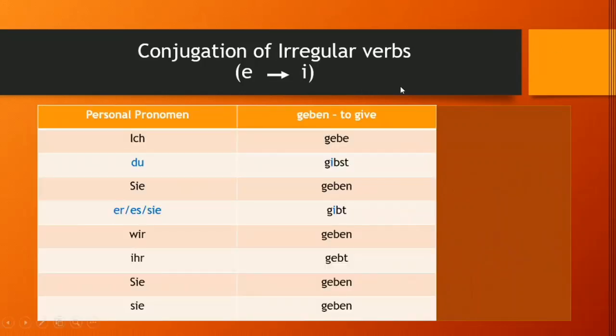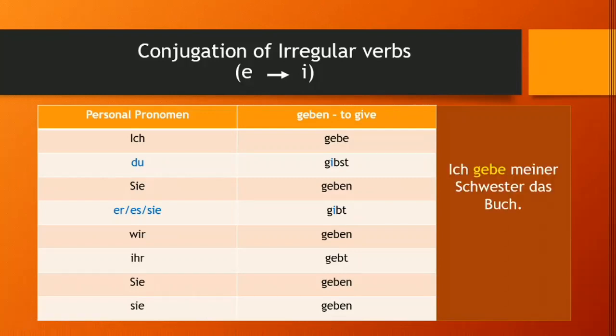The next irregular verb is geben. Even over here, E is changed to I. Ich gebe, du gibst, er/sie/es gibt, wir geben, ihr gebt, sie geben, Sie geben.